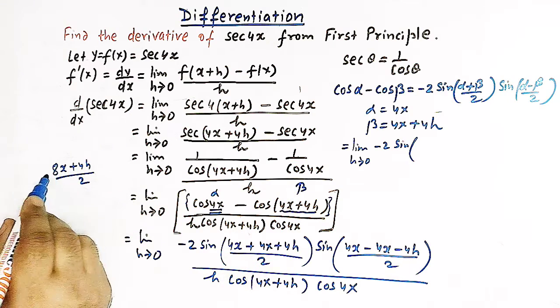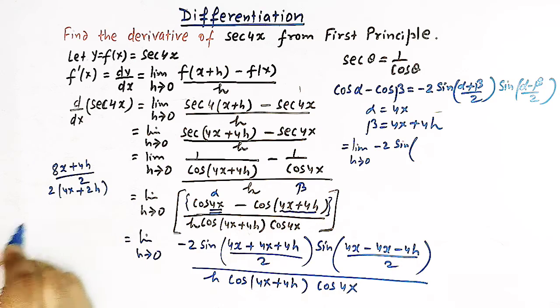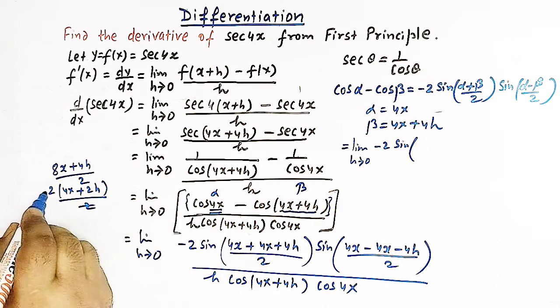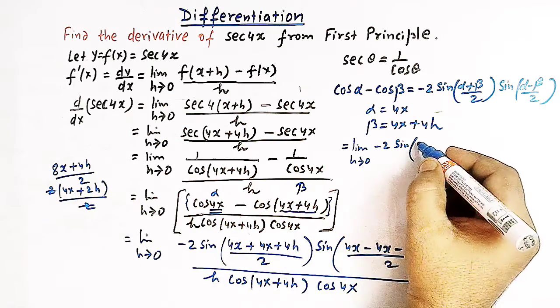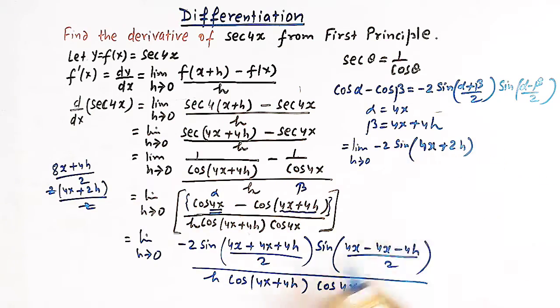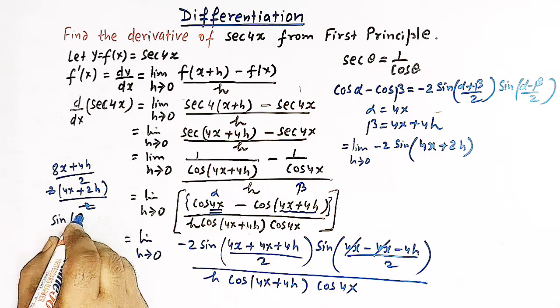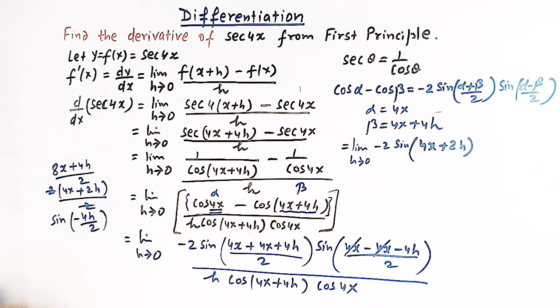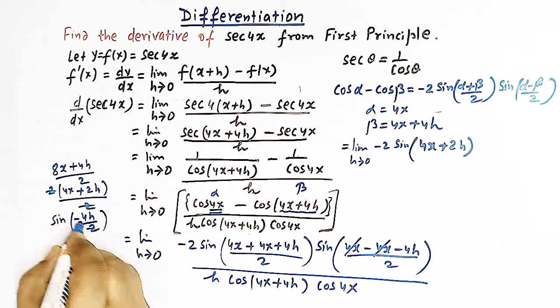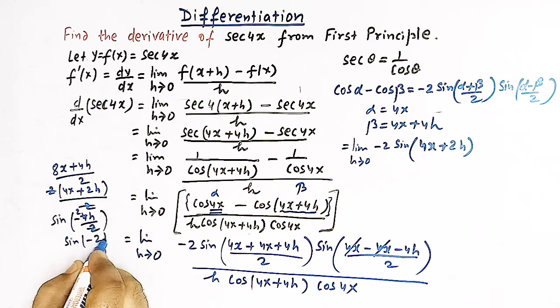Taking 2 common, we have 4x plus 2h over 1, so 2 and 2 get cancelled and we are left with 4x plus 2h. Similarly, 4x and 4x get cancelled, so we are left with sine of minus 4h over 2, which is sine of minus 2h.